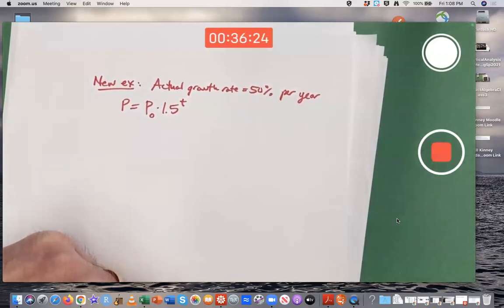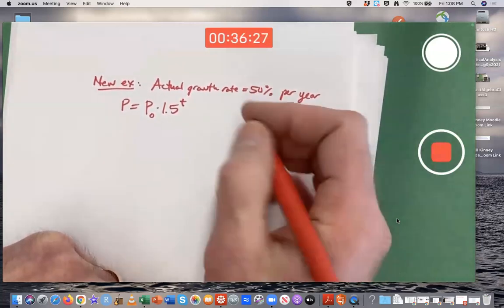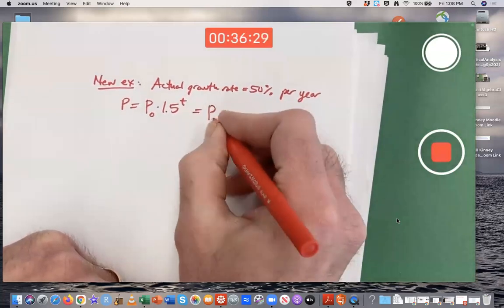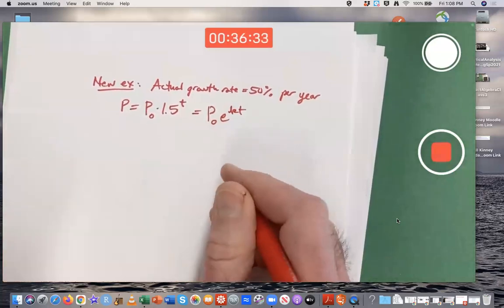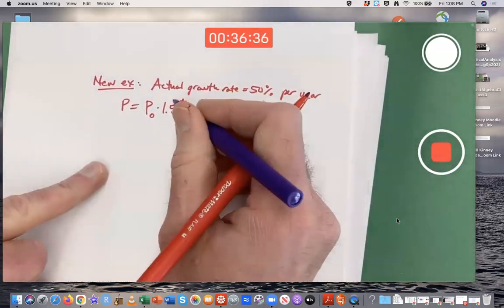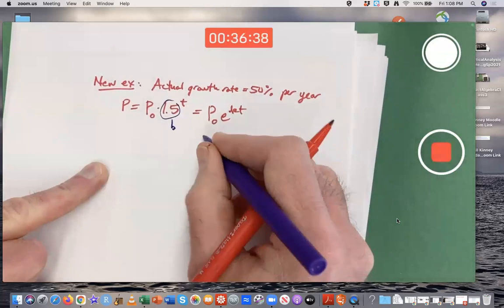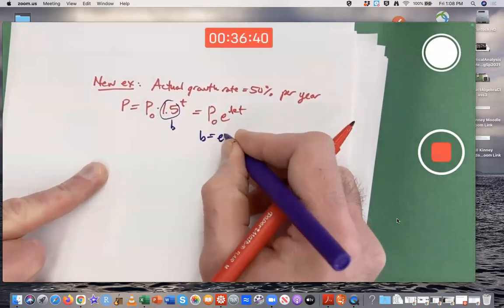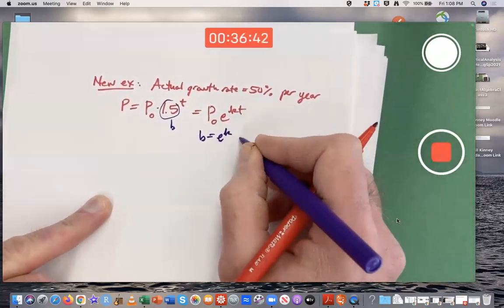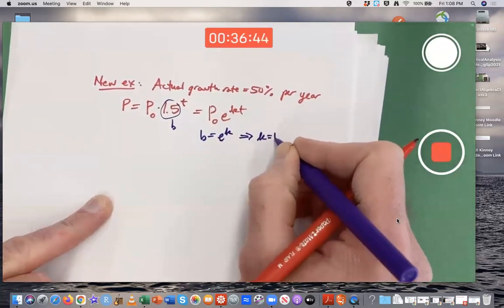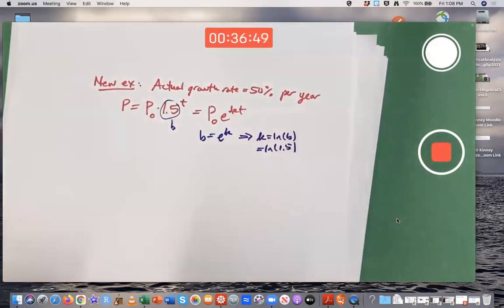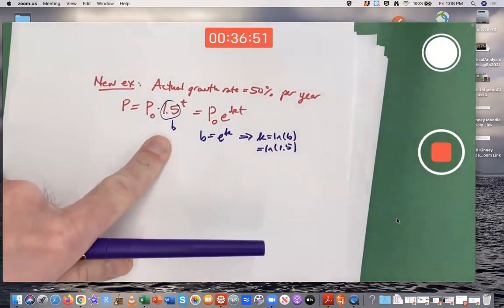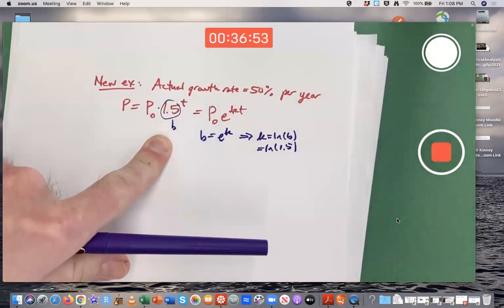What would the corresponding continuous rate be? So the b equals e to the k, like I already mentioned. Therefore, k is natural log of b. Natural log of 1.5. The b, by the way, is not a growth rate. Does that make sense? It's 1.5. That's not 50%.